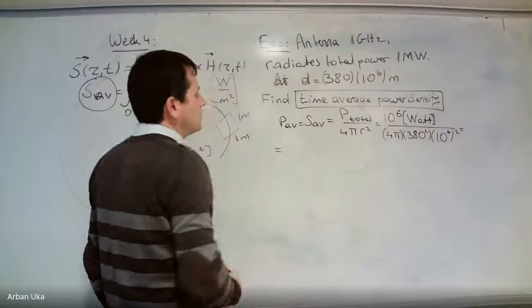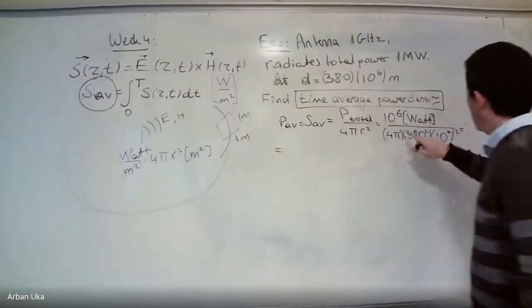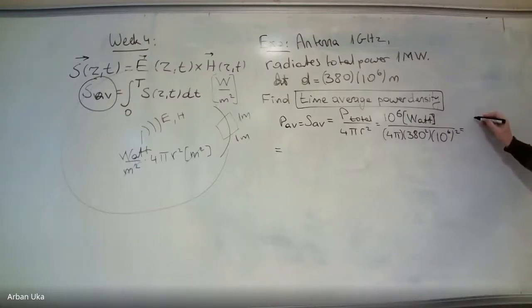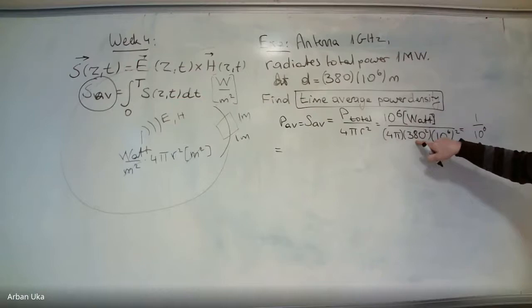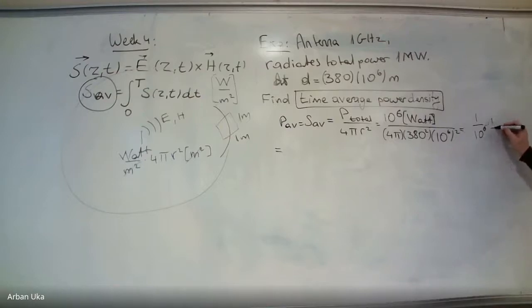We can notice that this 10 to the power 6 divided by 10 to the power 6 cancels. Let's see what we get approximately. 1 over 10 to the power 6 is this one. Then 380 could be something like 10 to the power 3, squared gives 10 to the power 6, like another 10 to the power 6.